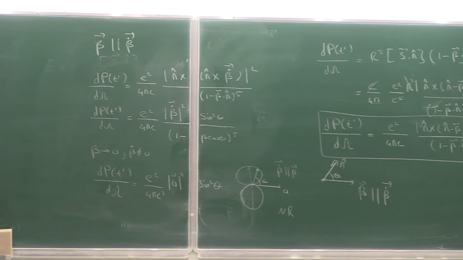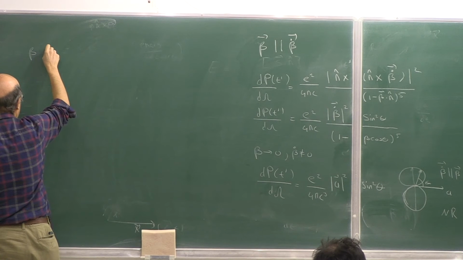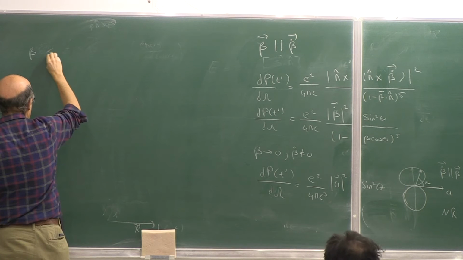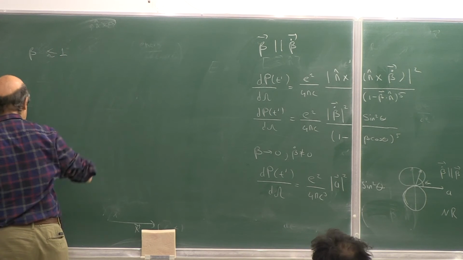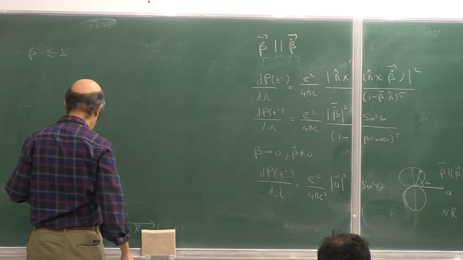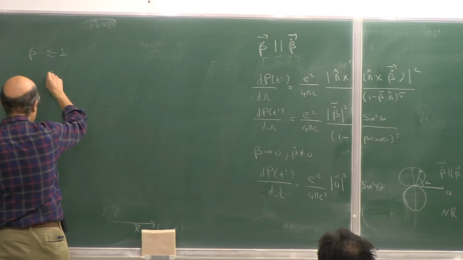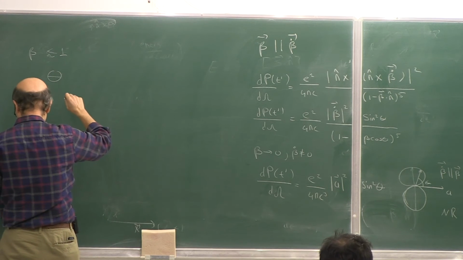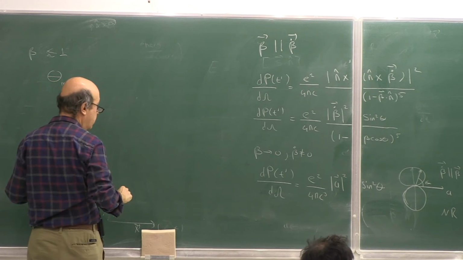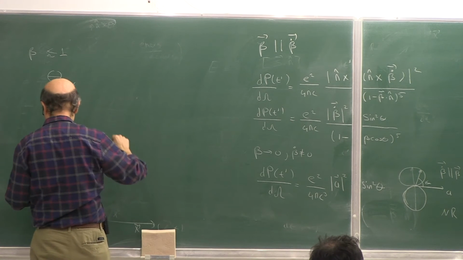So if beta is high, close to 1 but less than 1, you can find the angular distribution, basically the structure, that gives the maximum value of the radiation depending on the angle.